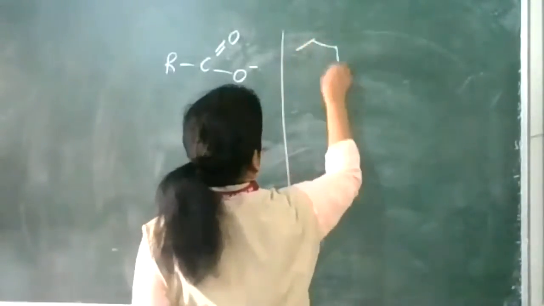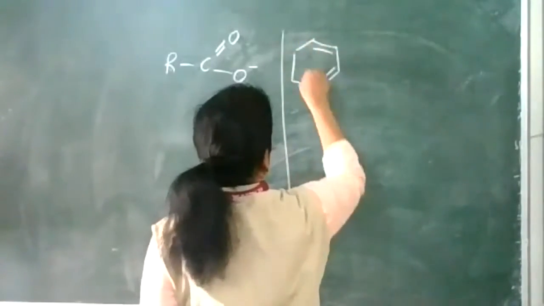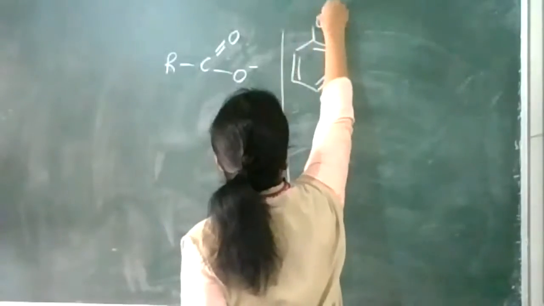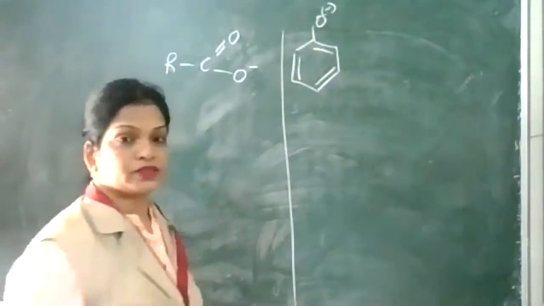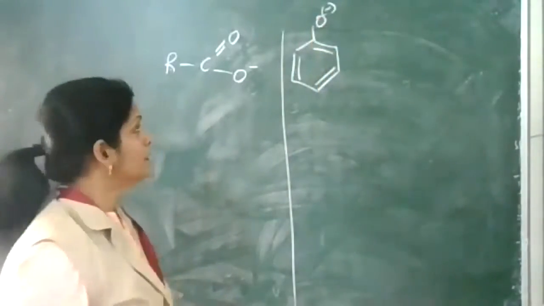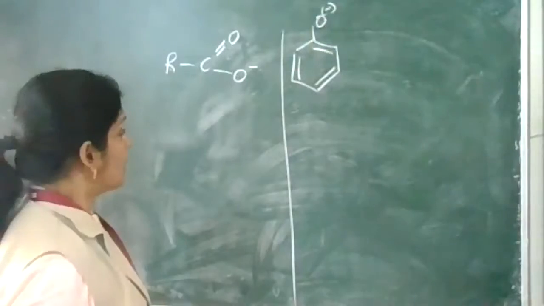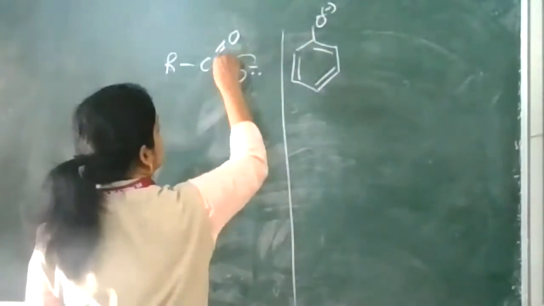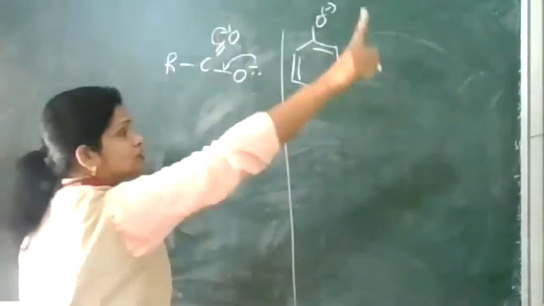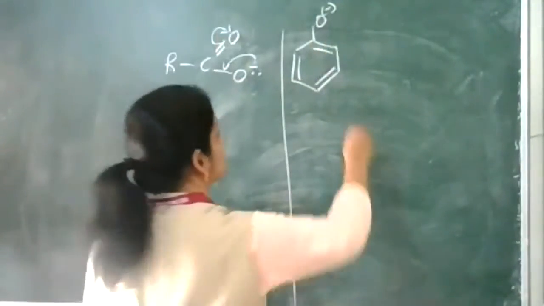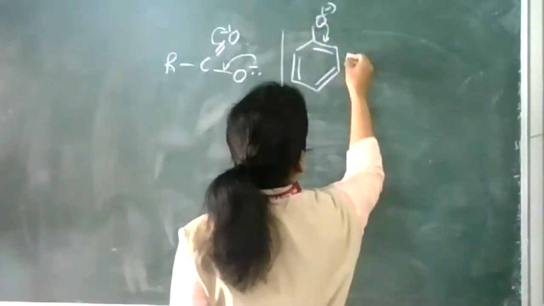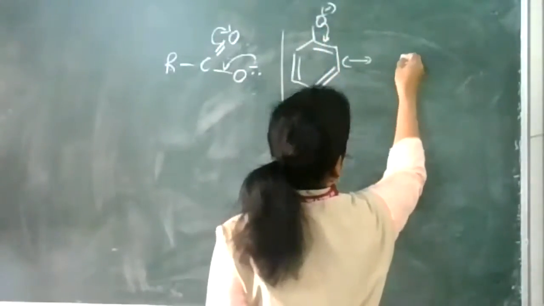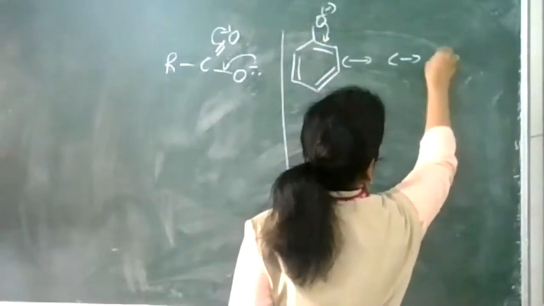So I am writing phenoxide ion. Carboxylate ion has 4 resonance structures, but phenoxide ion has 5 resonance structures. You can show these 5 resonance structures; I have already shown that.